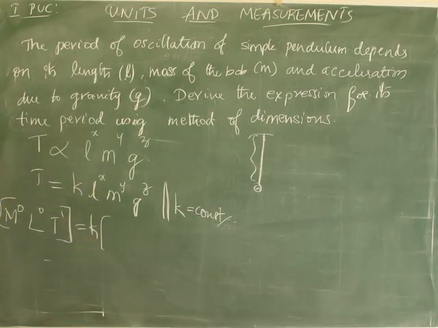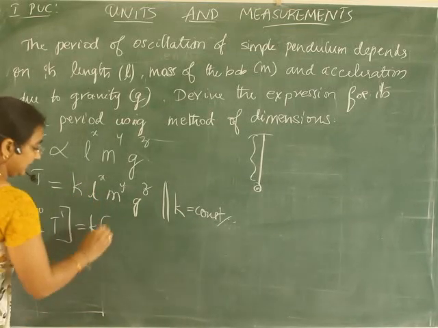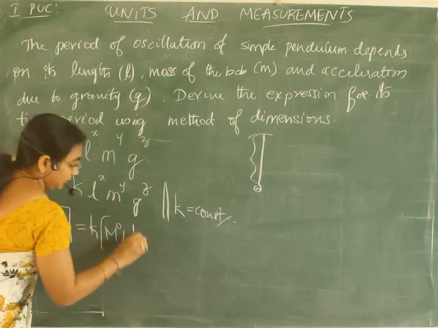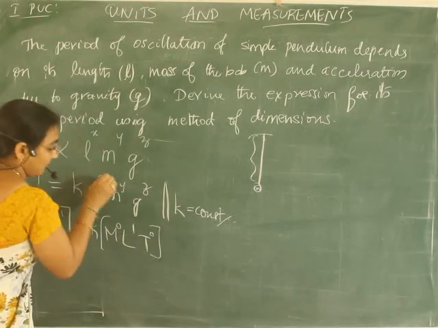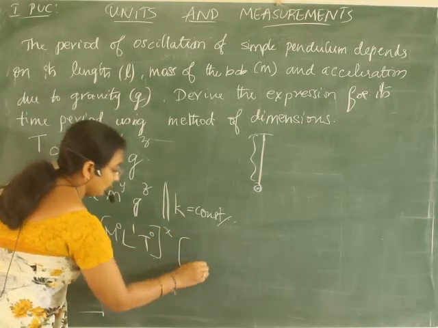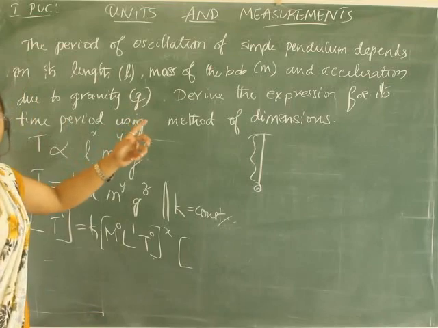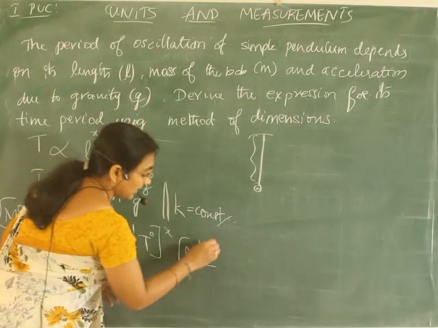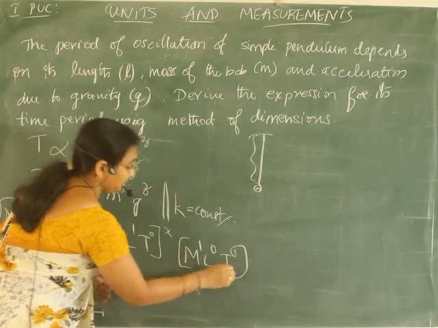For length, M to the power 0, length to the power 1, T to the power 0, to the power x. For this m, what is m? Mass. So M to the power 1.